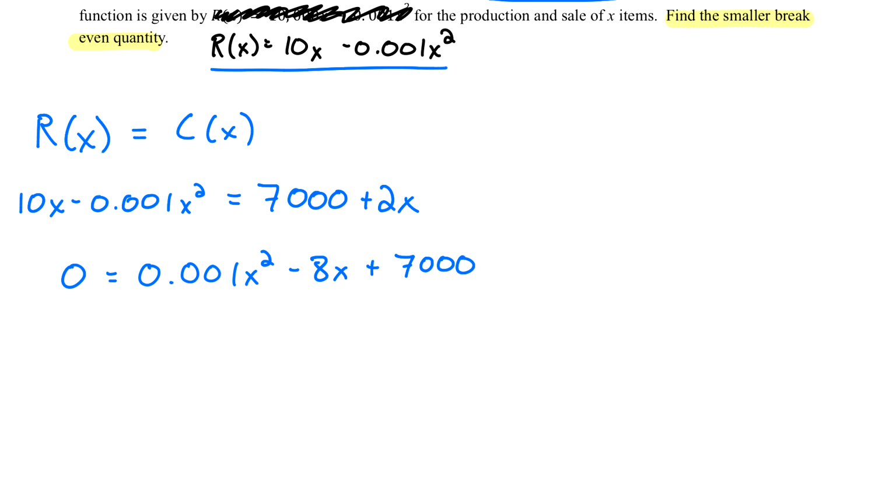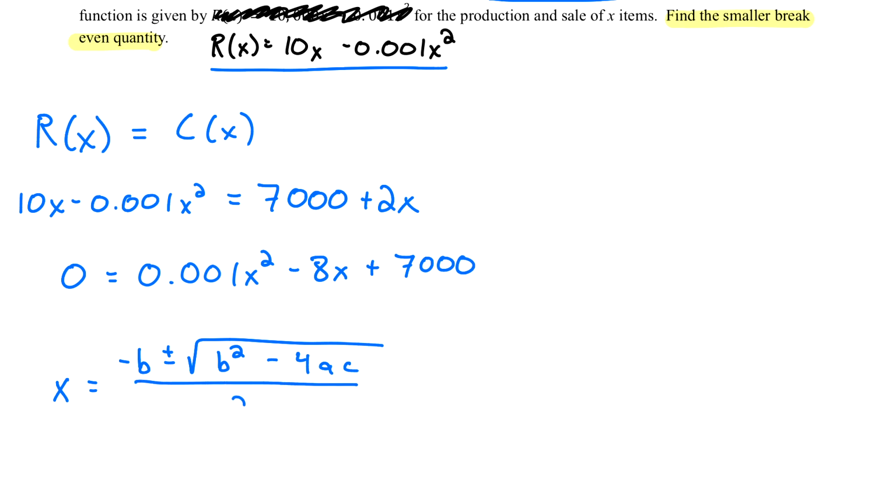But just in case we need a refresher, you can solve a quadratic equation using the quadratic formula, which says x equals opposite of b plus or minus the square root of b squared minus 4ac, all over 2a. And a, b, and c, those are the coefficients of our quadratic equation. So a is the coefficient of our x squared term, b is the coefficient of our x term, and c is our constant term.